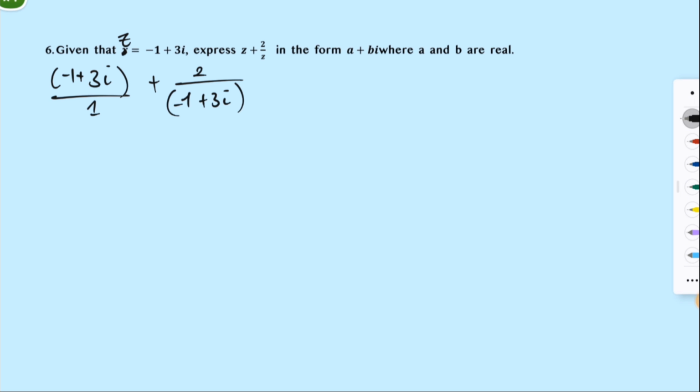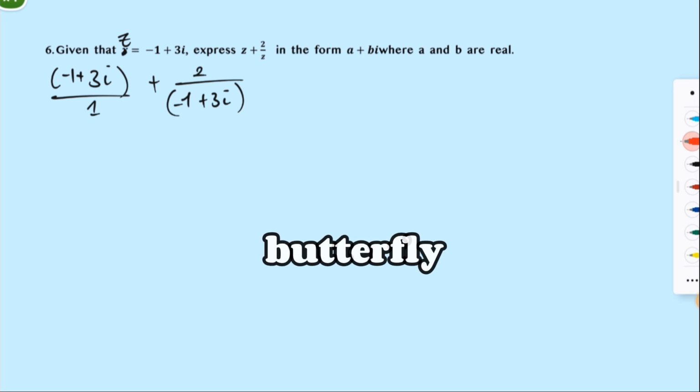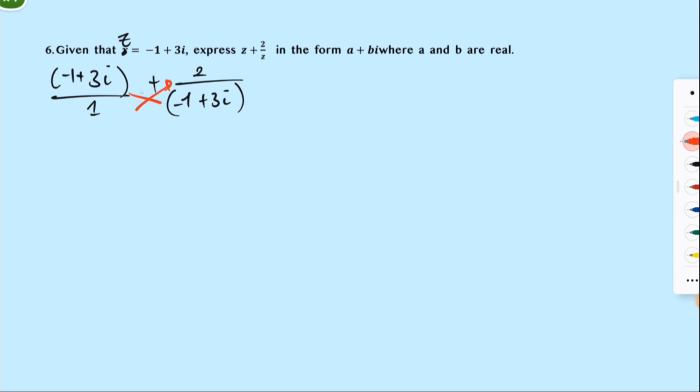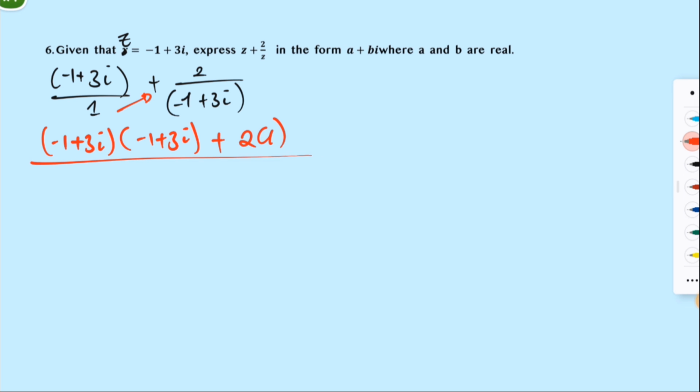Okay, so that is basically the same as doing the butterfly method, which is just crossing over like so, crisscross, so that -1 plus 3i multiplies -1 plus 3i, plus 2 which will multiply 1, over negative 1 plus 3i.